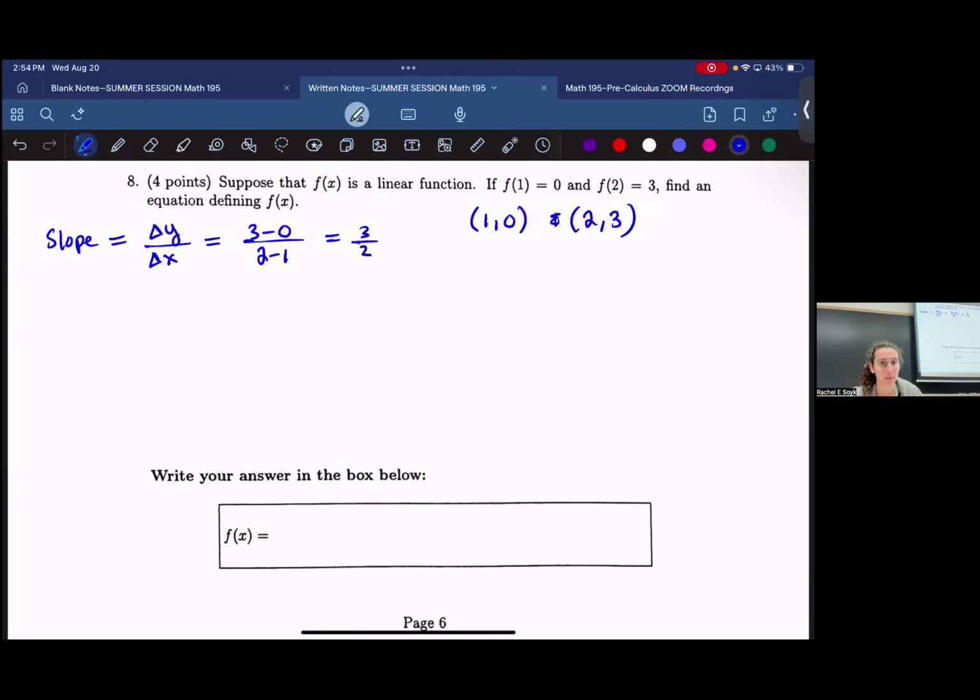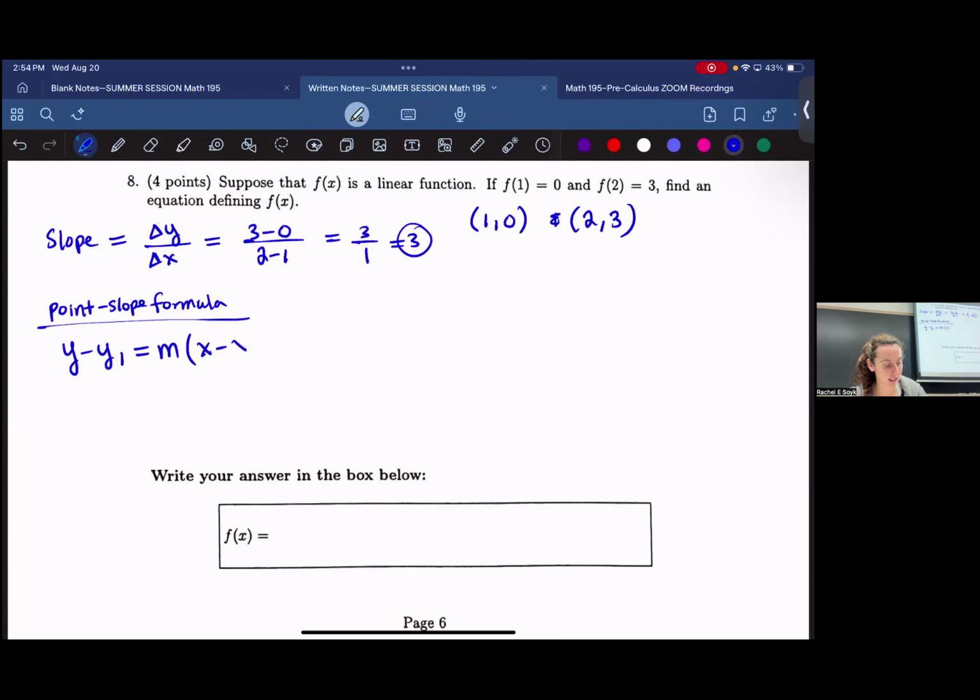And then we want to use our point-slope formula: y minus y1 is equal to m times x minus x1.